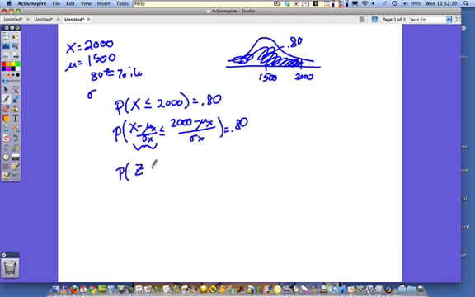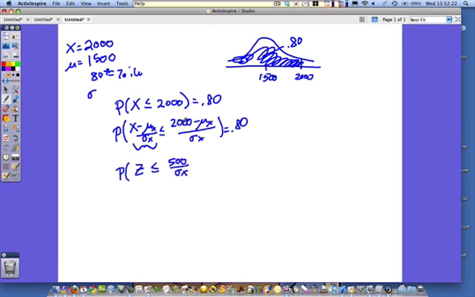And remember, that's always the case for a z random variable, or what we call a z-score. Okay? I'm going to go ahead and plug in 1500 for mu of x, and I get 500 over sigma of x, since 2000 minus 1500 is 500. That equals 0.80. On the standard normal distribution, where the mean is 0 and sigma is equal to 1, we need to find the z-score that will get us an 80% left tail.